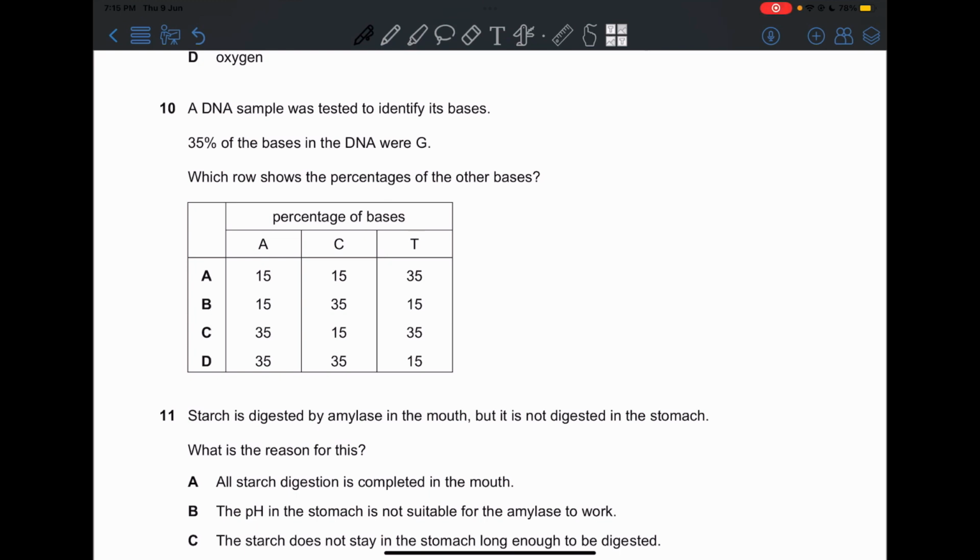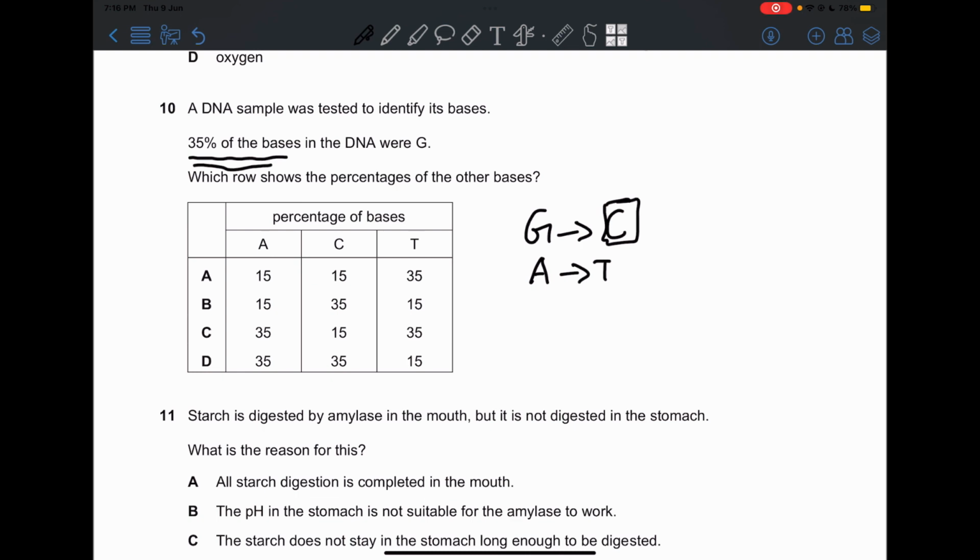Number 10, a DNA sample was tested to identify its bases. 35% of the bases in the DNA were G. Which row shows the percentage of the other bases? We know that G pairs with C and A pairs with T. So we need the highest percentage to be C, because it's the one that pairs with G, which is 35% of the bases, as they said in the question.